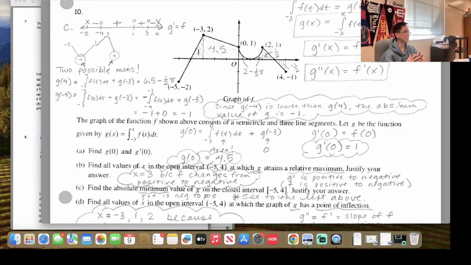It has to become a very, very important habit of yours if they ask for a minimum or maximum value. That usually means absolute. On the AP exam, they may write down absolute, but if they don't, it means the exact same thing. They would never ask for a relative minimum value that way, because they want you to compare.